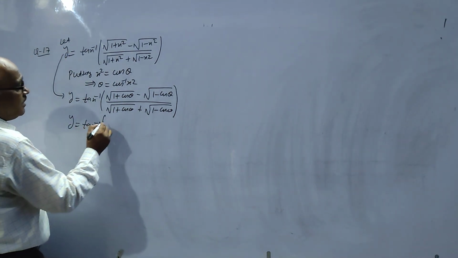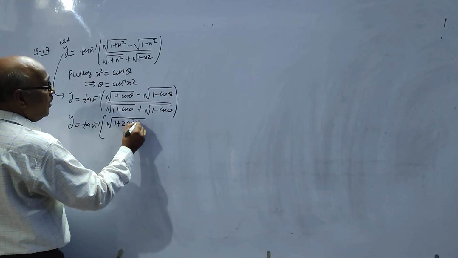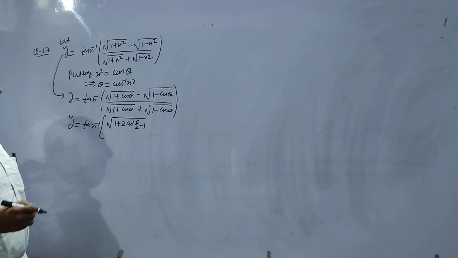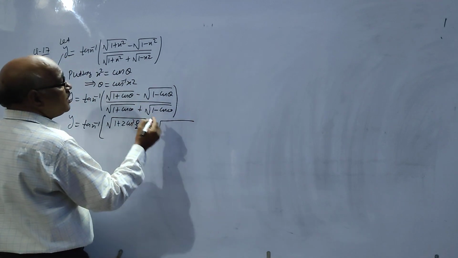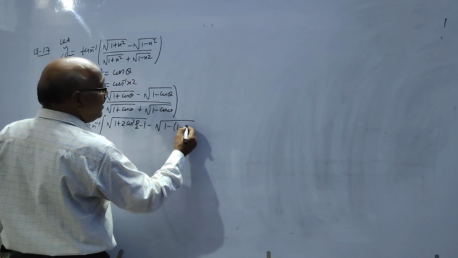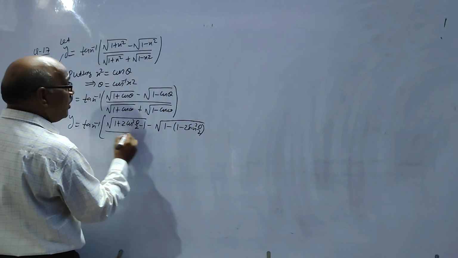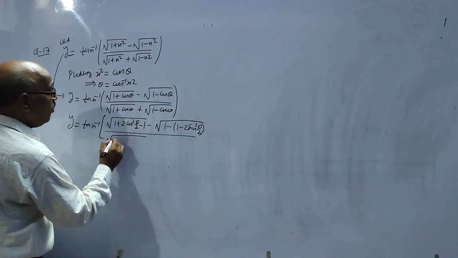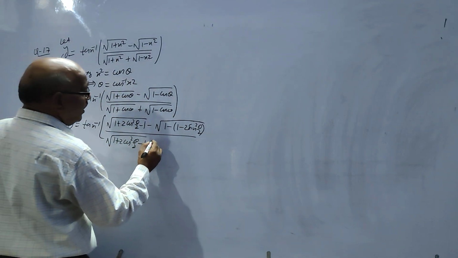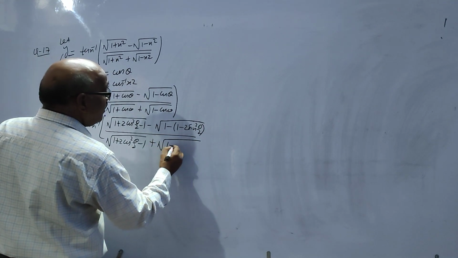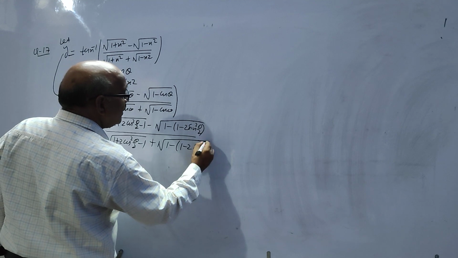Tan inverse of under root 1 plus cos theta, which can be written as 2 cos square theta by 2 minus 1, here the 1 comes, plus this is minus under root 1 minus 2 times sin square theta by 2, upon under root 1 plus 2 times cos square theta by 2 minus 1 plus under root 1 minus 2 times sin square theta by 2.